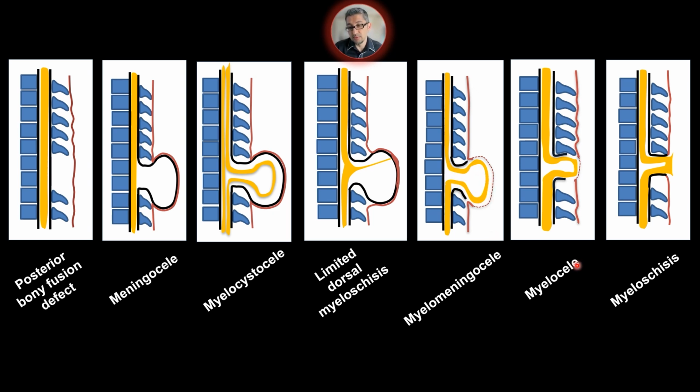In myelocele, there is only outward herniation of the neural elements, and CSF spaces are not associated, and the lesion is flush with the skin surface, and there is no covering skin. Myeloschisis is generally accepted as the severe form of myelocele, and the neural elements are protuberant from the skin surface.